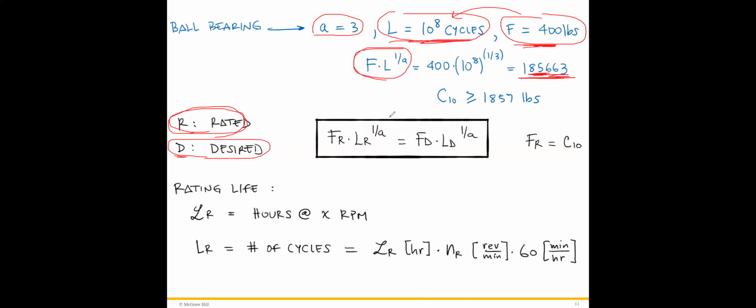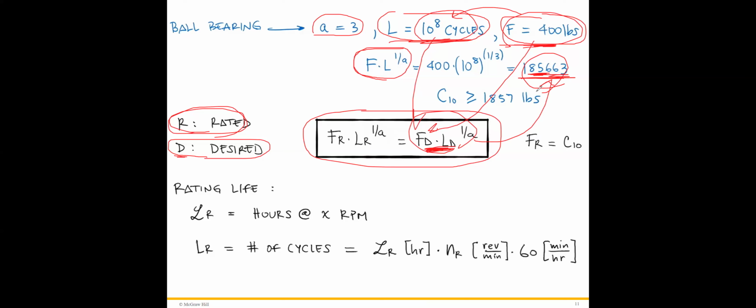So we can make the two equal. For D, the desired, what you want is a bearing that can last for 10 to the 8 cycles under a force of 400 pounds. So we can plug this number in here and here, and we got this number.